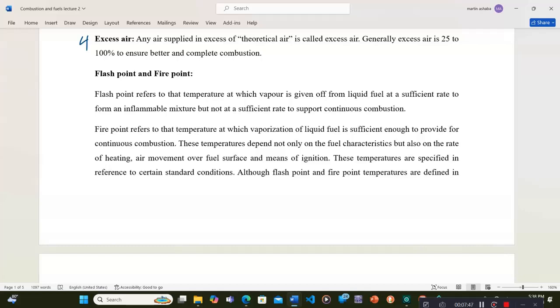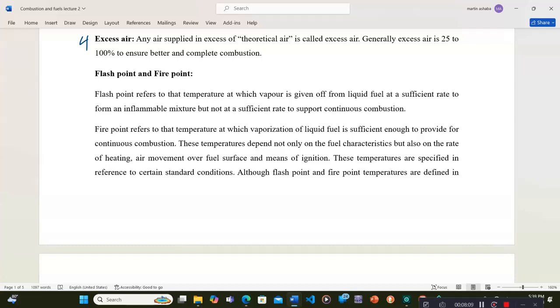So we have a temperature at which vapor is given off from a liquid fuel. If we talk about gasoline or diesel, and we have air passing over this fuel, it forms part of the vapor.